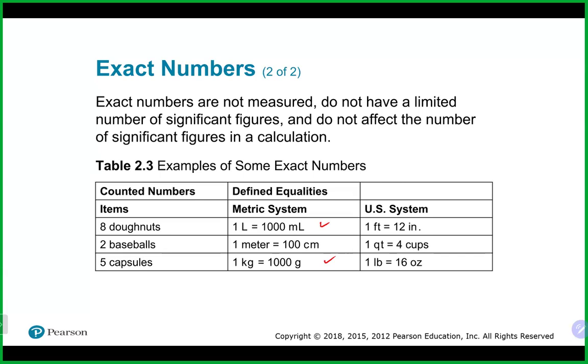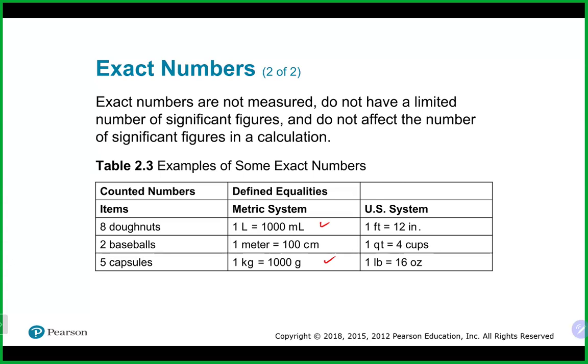The only time you would have to take a conversion factor into account, and it's not considered an exact number, is if you do an English to metric conversion, like how many milliliters there are in a quart. So milliliters being metric, quart being more of an English type of unit, you would have to take that into account.